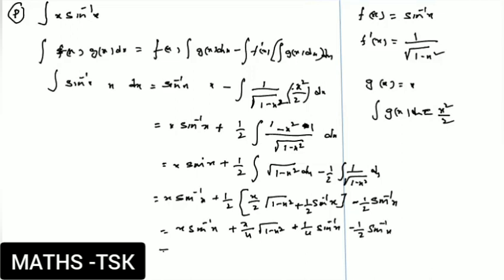If you simplify, you'll get x sine inverse of x plus 1 by 4 minus 1 by 2, which is minus 1 by 4 sine inverse of x plus c, and the middle term is x by 4 root of 1 minus x square. I wrote this as it is, and the simplification gives 1 by 4 into sine inverse of x.